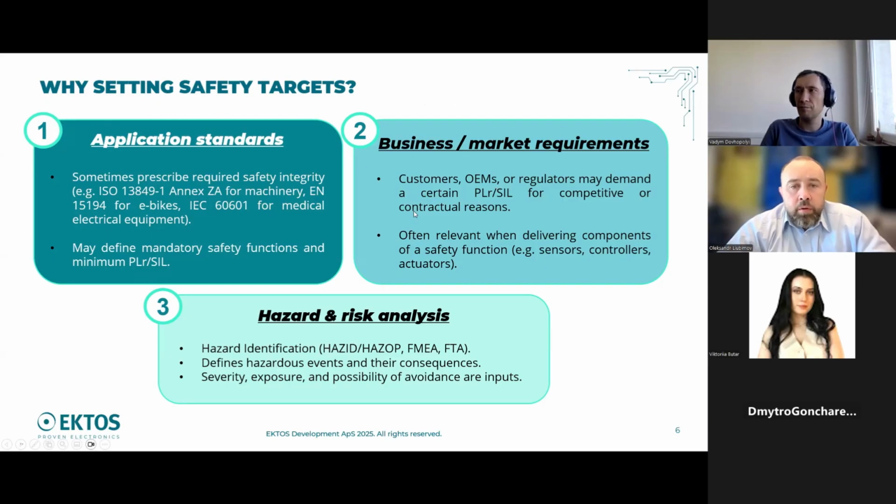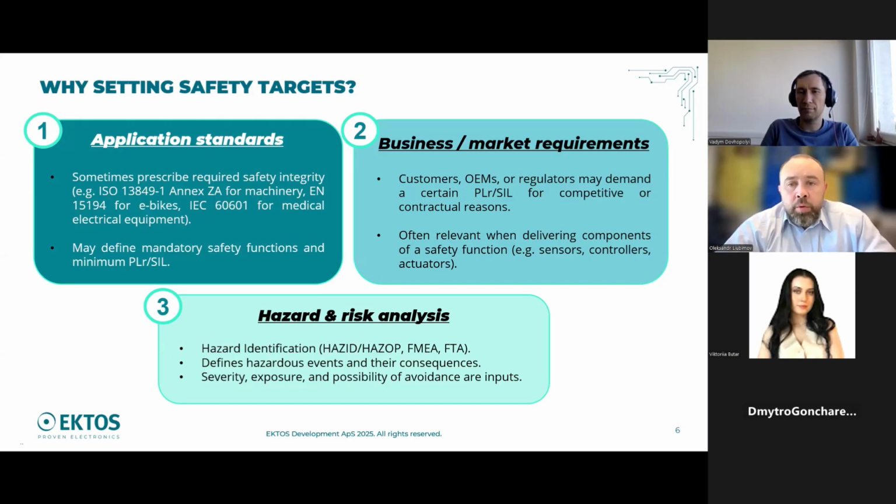The second part where requirements for the quantitative parts come from is our customers, some of you who are joining us today, where you have business or market requirements. So let's say we want to develop a very solid e-bike, and we know that the best e-bike on the market we want to compete with is made by, say, BMW.